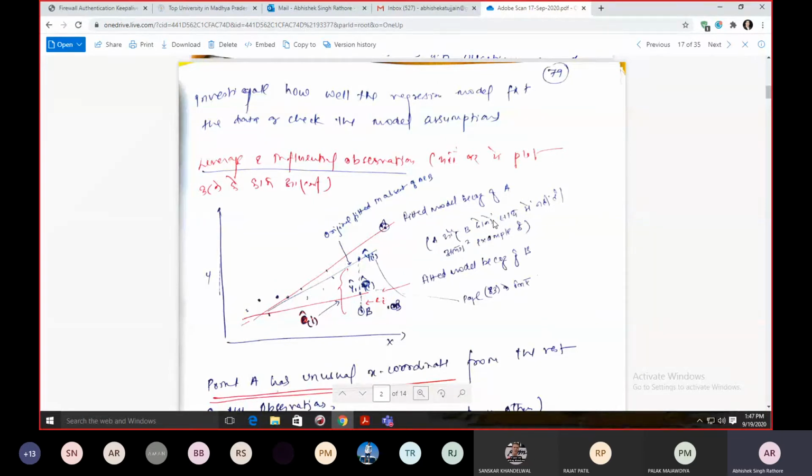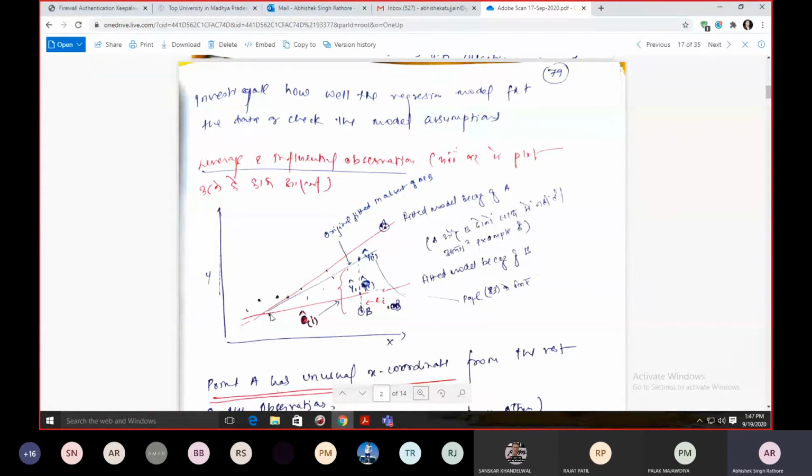These influential points have an unusual x coordinate, and the value of y is again unusual. So we can say that these two are certainly your outliers, and when considering all these points, we can say that they can change your fitted line.